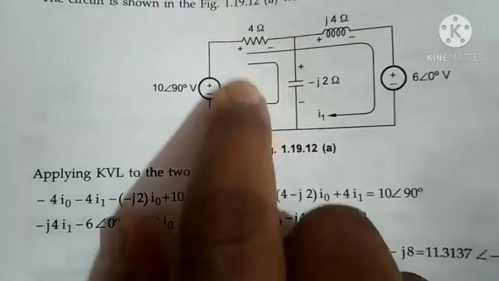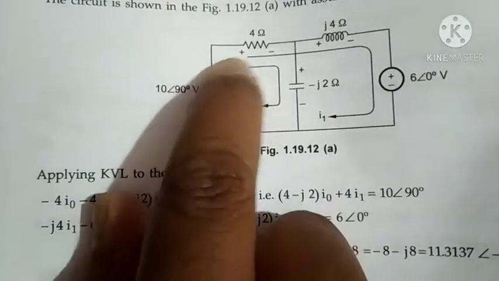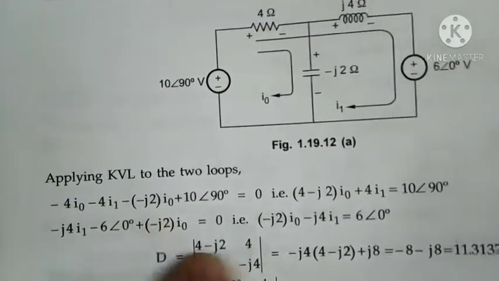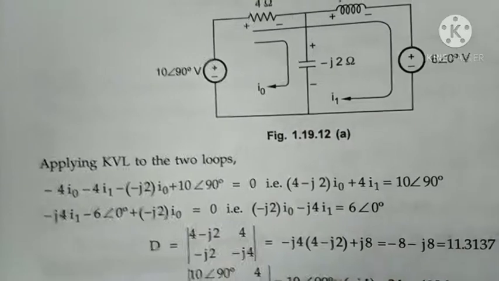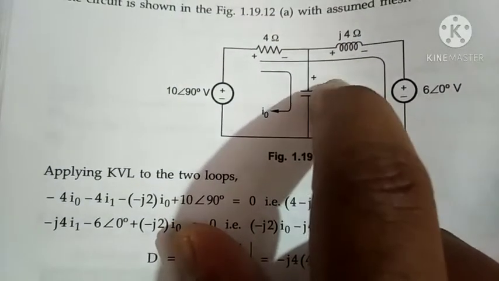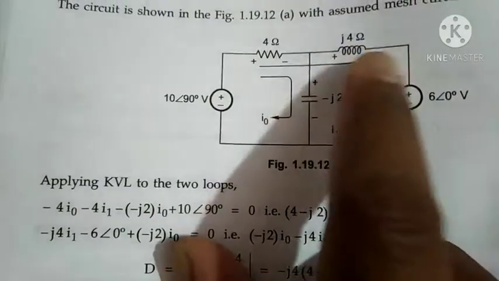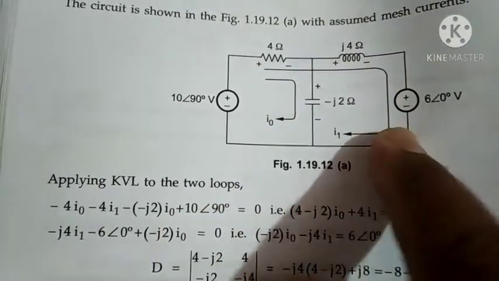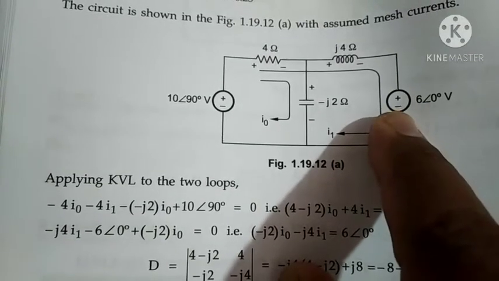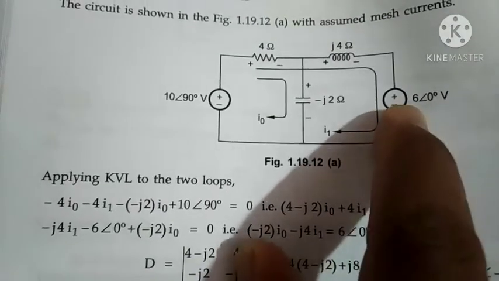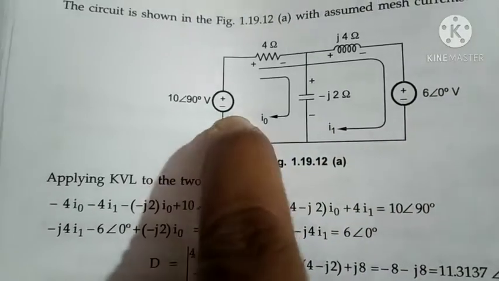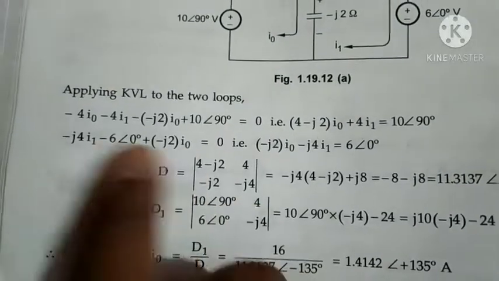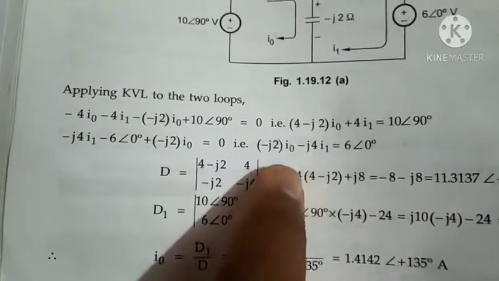In the second loop we can write minus 4 into I naught, minus 4 into I1, then here we have a current I1 into minus J4, minus 6 volt, plus 10 with an angle 90 is equal to 0. After applying and simplifying, we got this equation.